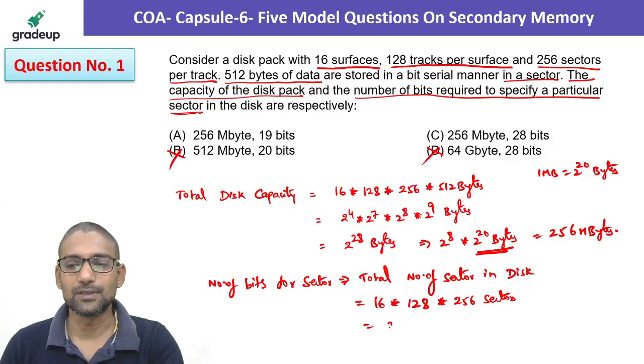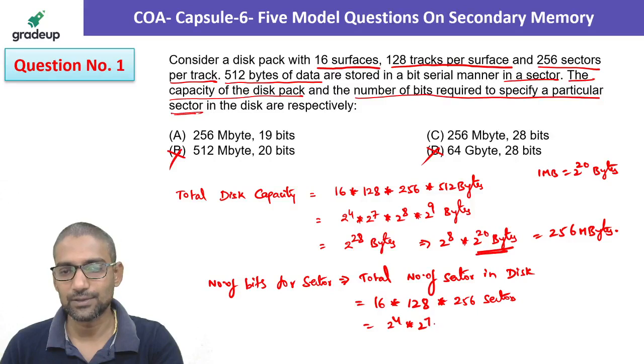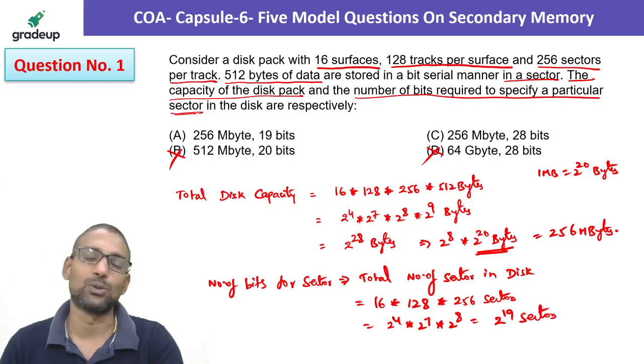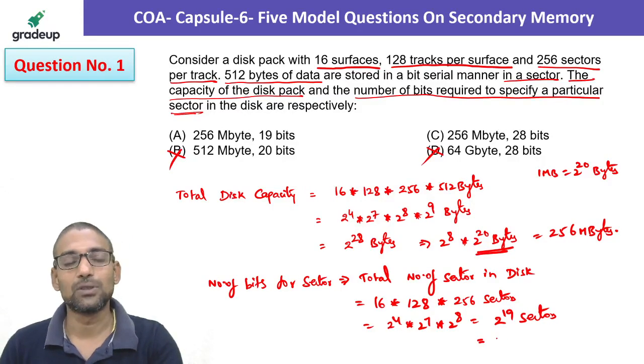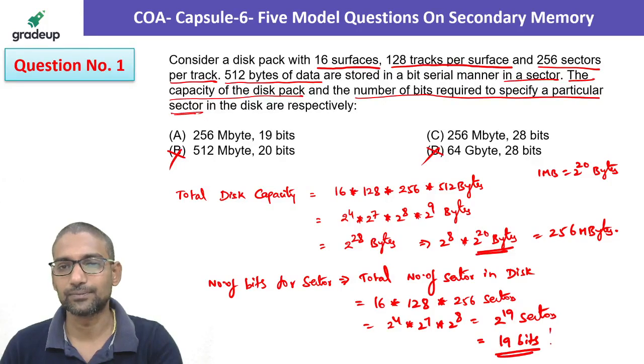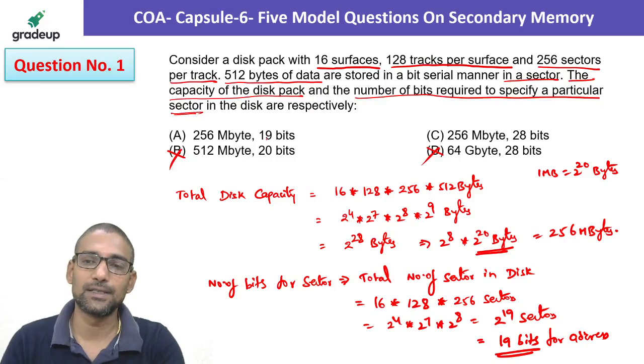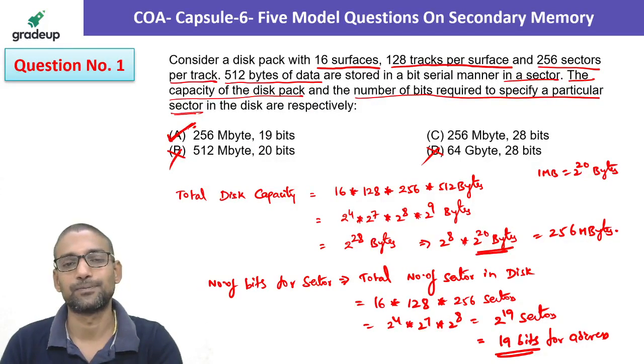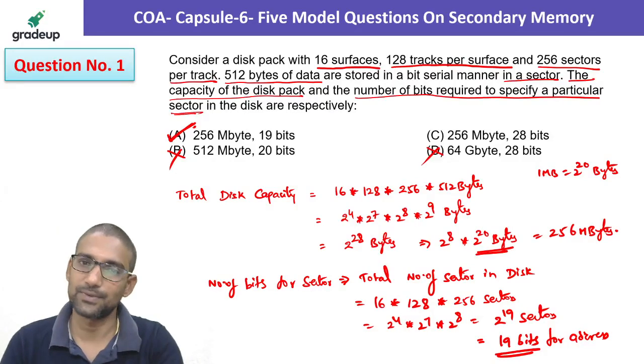So this is 2 raised to 4 into 2 raised to 7 into 2 raised to 8. 2 raised to 19 sectors are there in total, and the addressing will be for every sector, not for every byte. So 19 bits are required for the sector. Hence the answer is 256 megabytes, 19 bits. This is how we approach this question.